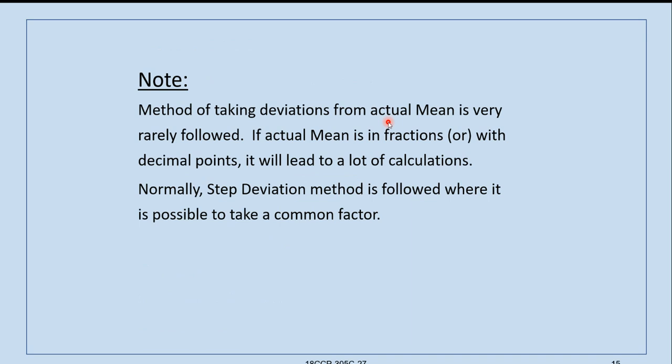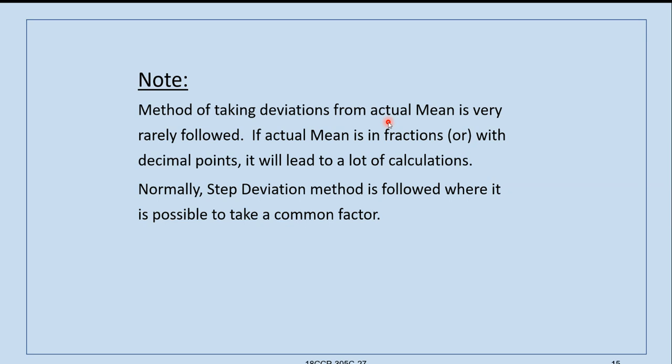Now we will see some notes here. The method of taking deviations from actual mean is very rarely followed. Rarely means now and then. Unless it is necessary or asked in the problem, we will not take it, because we have seen in example 1 that the deviations are coming in decimal points and further calculation is coming in decimal points.